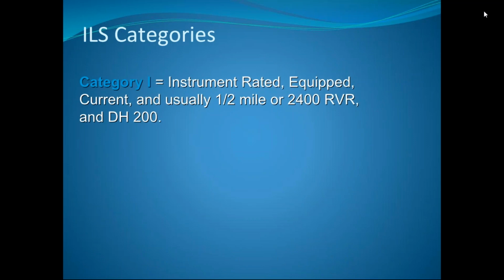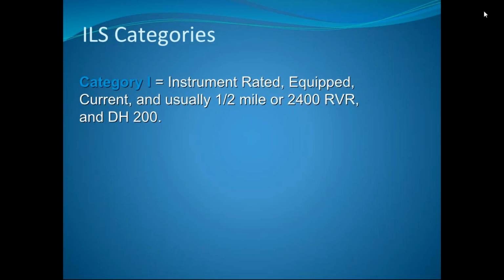ILS is ground-based navigational aids that give us the low. They're probably the most reliable of the systems that we use, and they give us our lowest minimums that we can get.